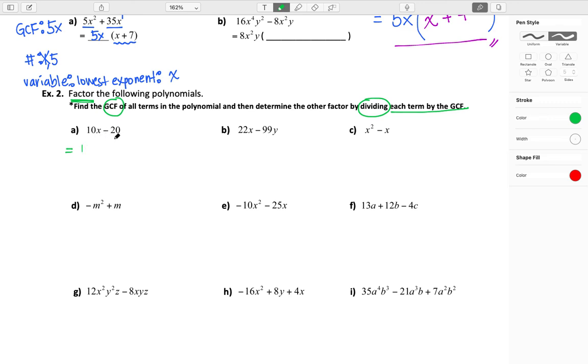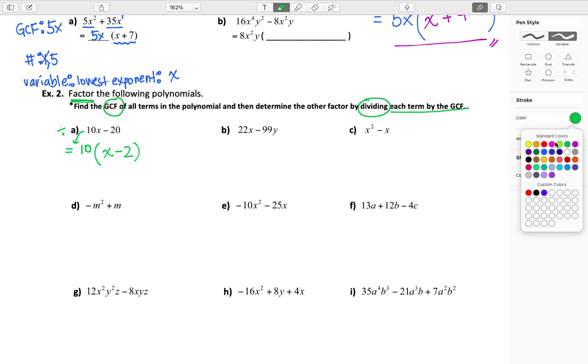Or no, actually 10. 10 goes into 10 and 20. So 10. But for the variable, there's no common factor because 20 doesn't have x. So 10 is the only factor. Now we are going to divide each term. What's 10x divided by 10? x. Negative 20 divided by 10 is going to be negative 2. And that's your final answer.